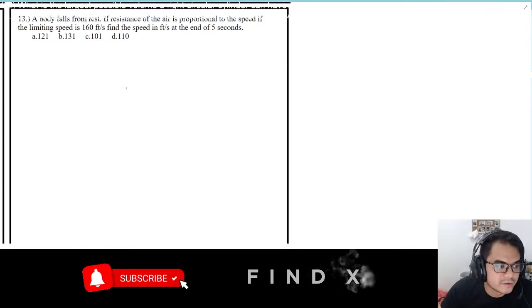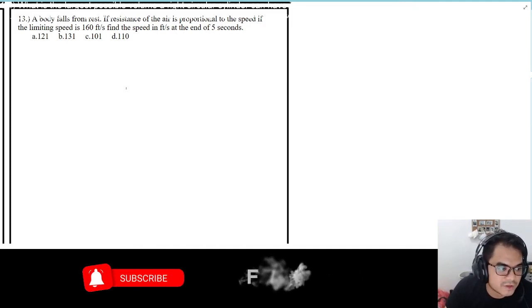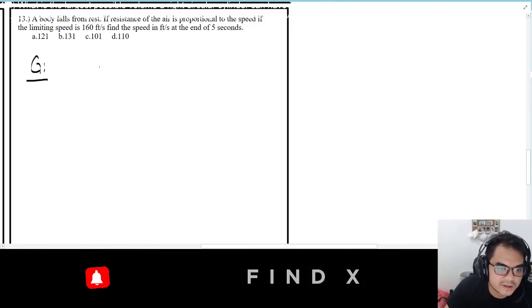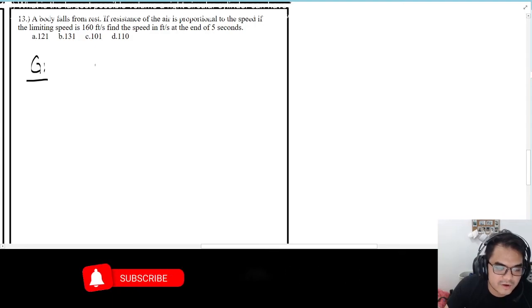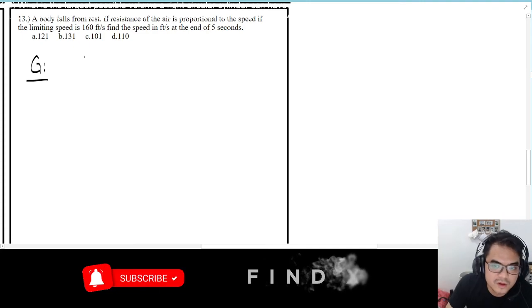Let's have number 13. So for number 13, a body falls from rest. If resistance of the air is proportional to the speed, and if the limiting speed is 160 feet per second, find the speed in feet per second at the end of 5 seconds. So this is your differential equation. This is Newton's second law.